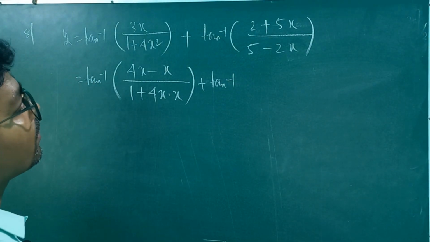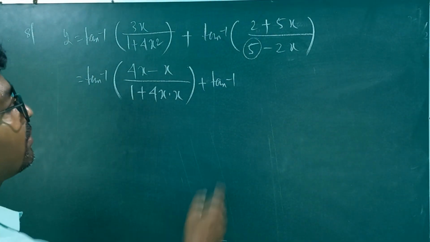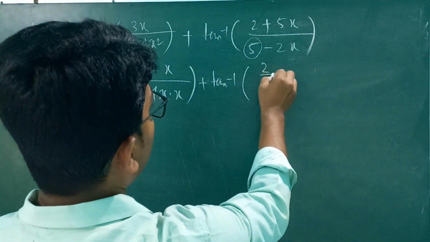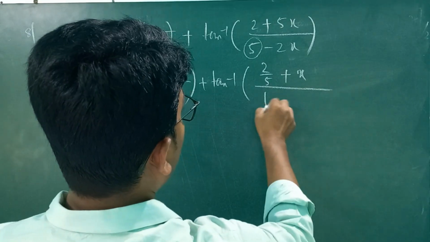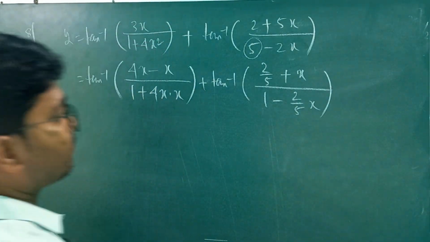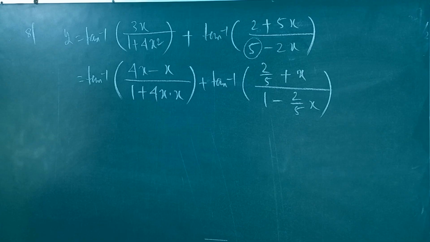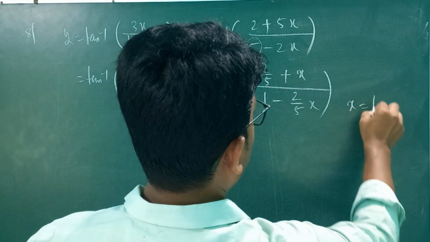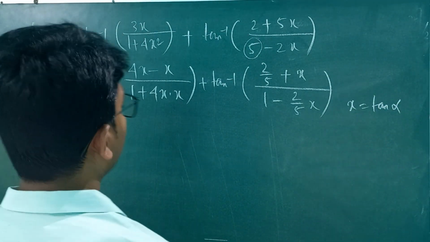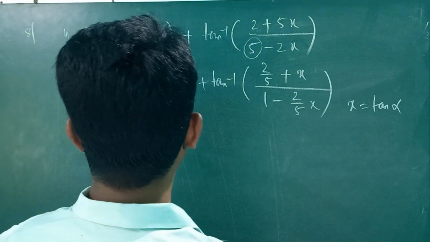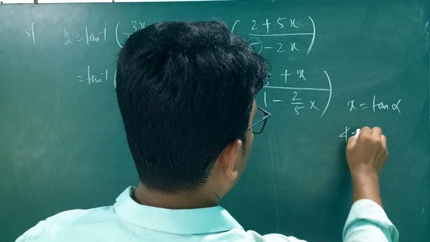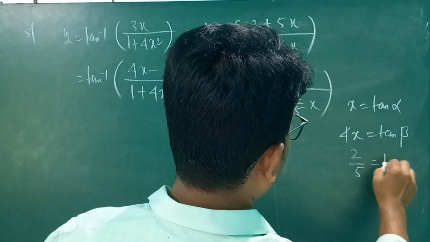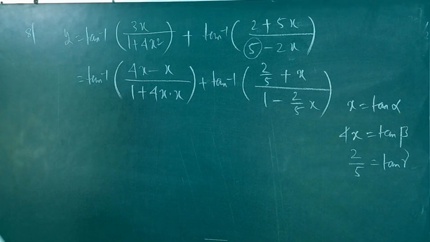Here first of all we make this 5 as 1, that is we divide this numerator and denominator by 5. Then this one is (2 by 5 plus x) by (1 minus 2 by 5 x). Now replace this, suppose say x equal to tan alpha, 4x equal to tan beta, 2 by 5 equal to tan gamma. Then what you will get?